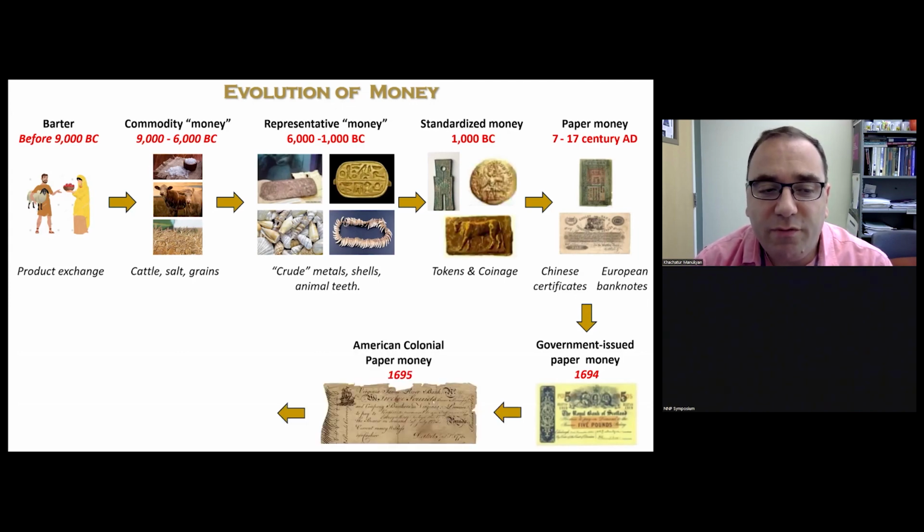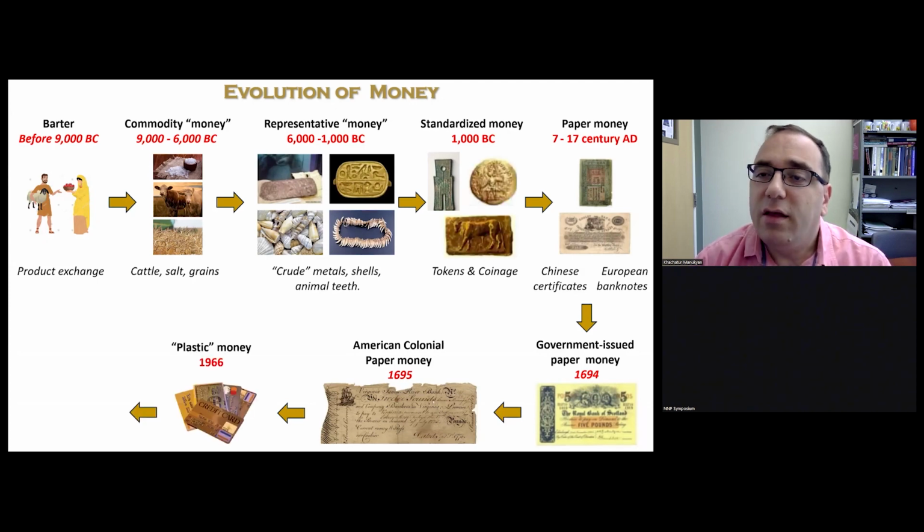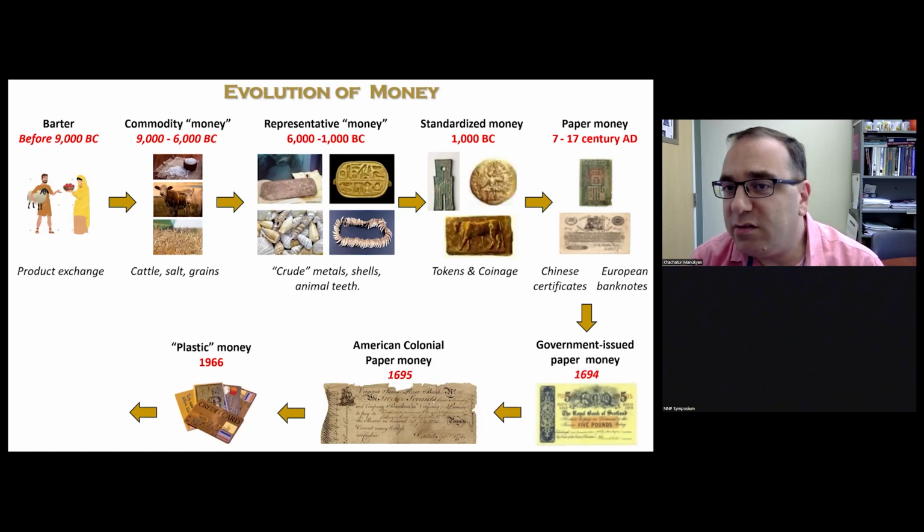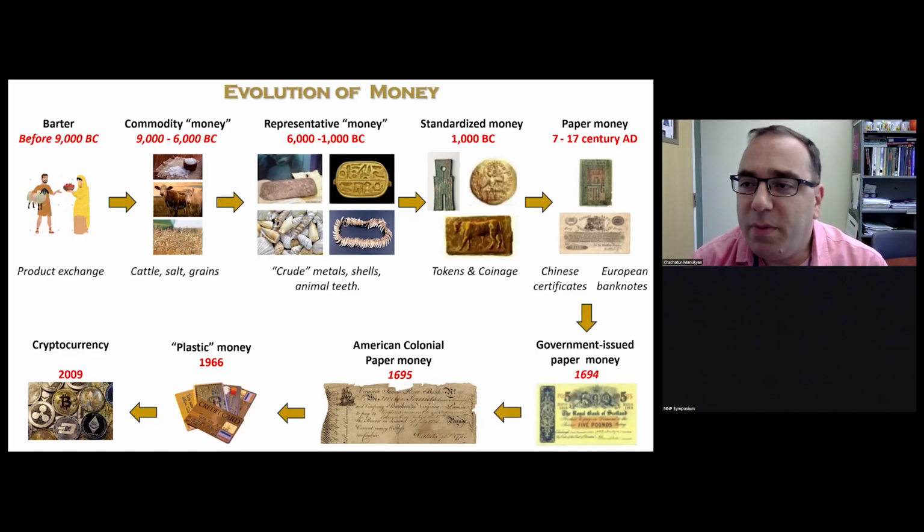Then some common things became commodity money, then representative money came along, and then at some point societies decided to have standardized money, and paper money started appearing in China in some way. Then England developed banknotes in 1694. Soon after that, the American colonies picked up the idea that maybe we should have local paper money. I think the Massachusetts colony, Boston, was the first one to introduce this in America.